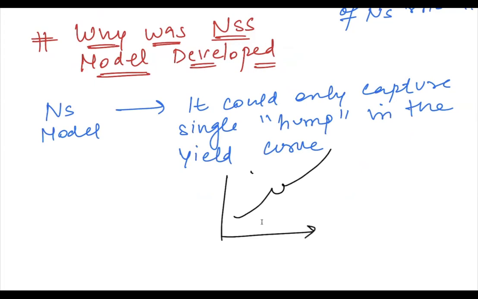This is what you say as hump or dip. You can also have something like this. Or let's take this example. If you see some hump or if you see some dip, okay.